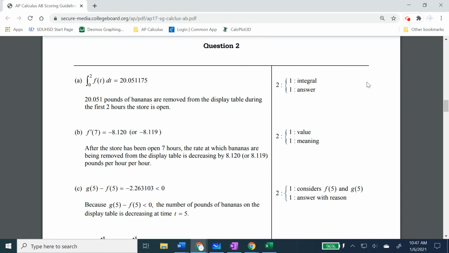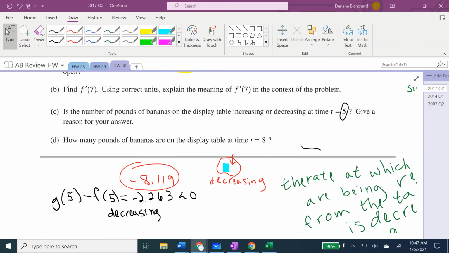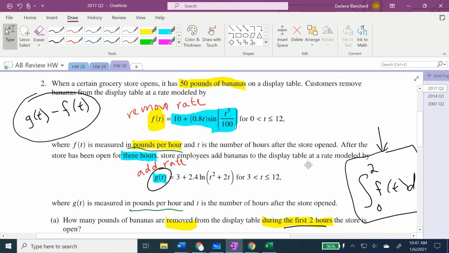All right. Part D. Are you ready? Part D, how many pounds of bananas are on the display table at time t equals 8? So I'm going to go back up to the top and carefully read again everything that is going on here.